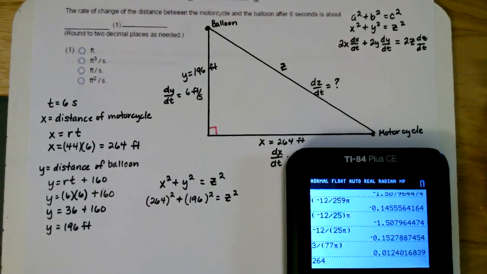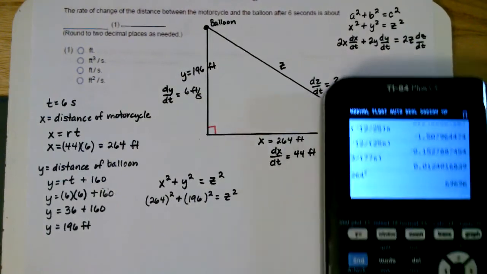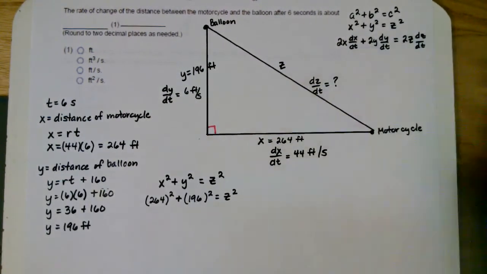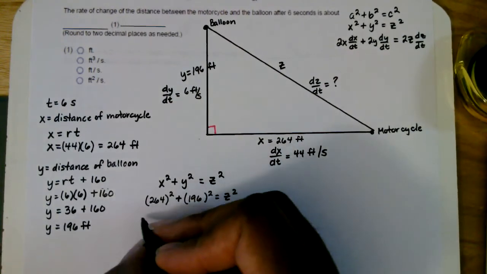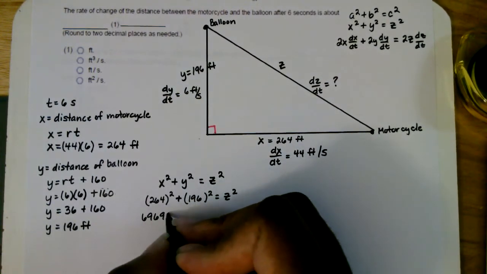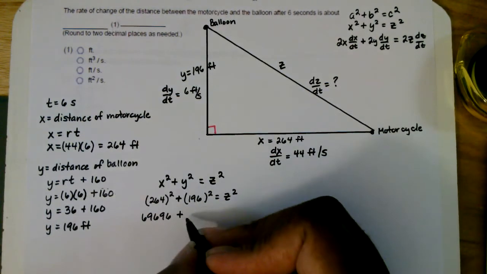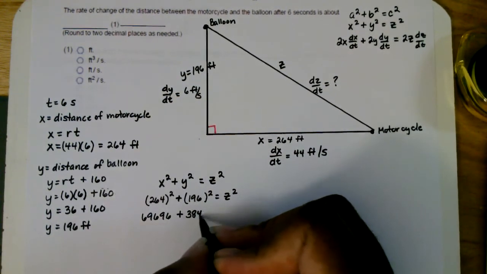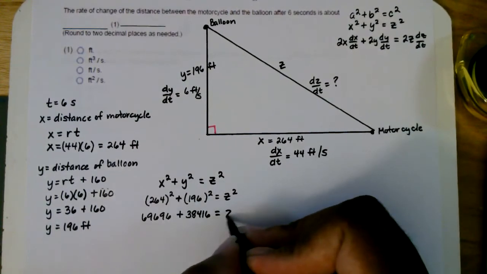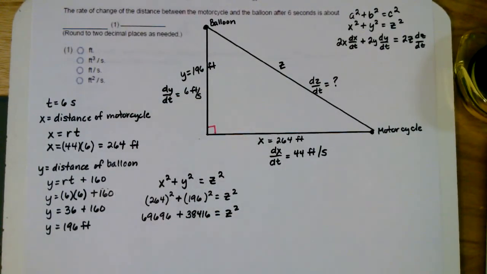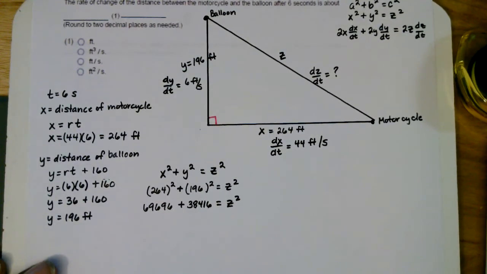So now if I square the 264, that's going to be 69,696. Plus square the 196, you're going to get 38,416. That's equal to z squared. Now add 69,696 to 38,416.